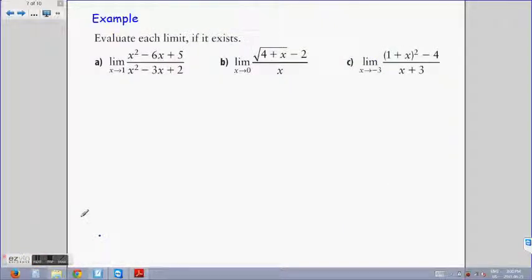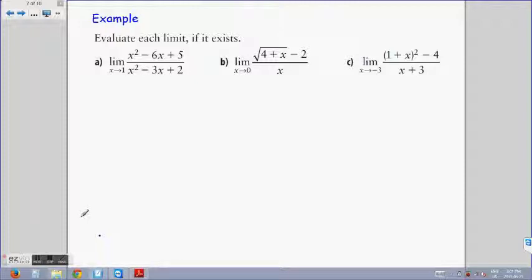Looking at this example, we want to evaluate each of these limits if it exists. Now, it is important for us to look at these sort of harder type of limits in which we will have to do a little bit of work in order to evaluate. So let's take a look at each of these. So part A, let's examine this a little bit further.